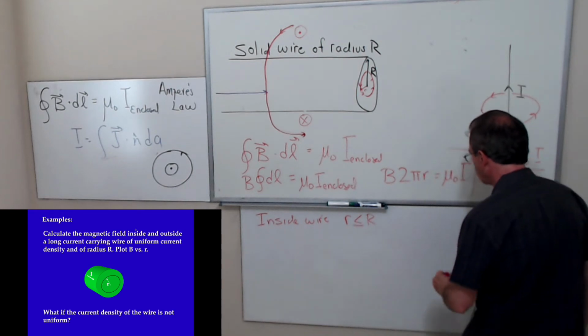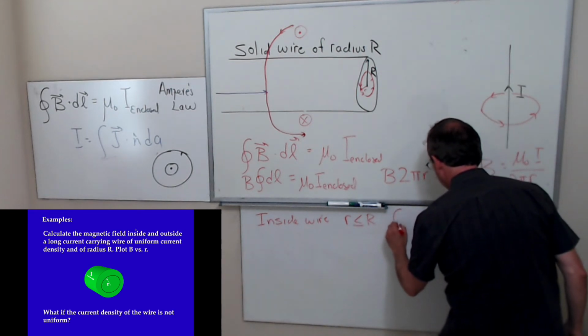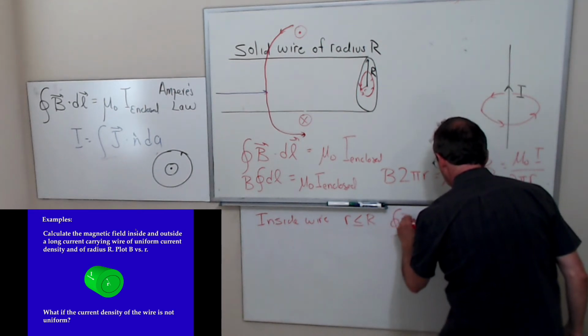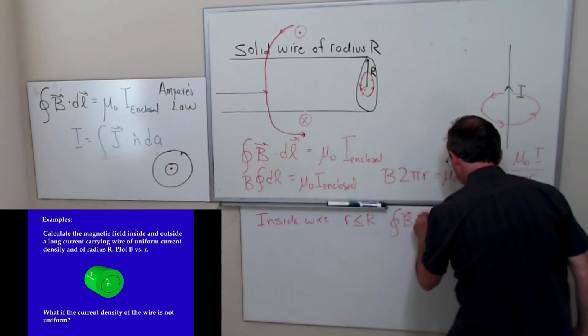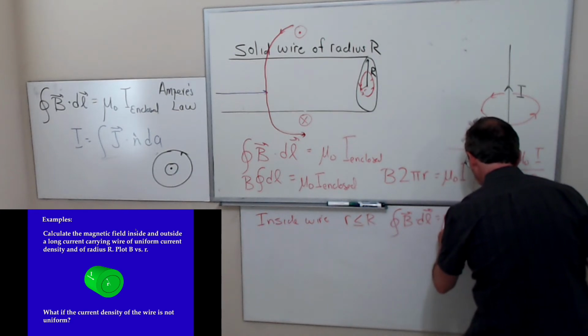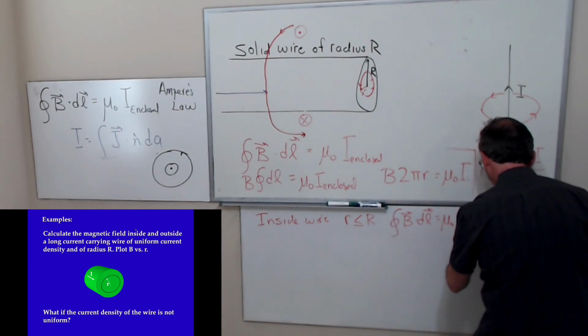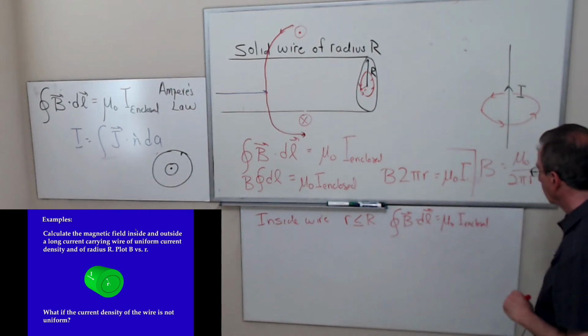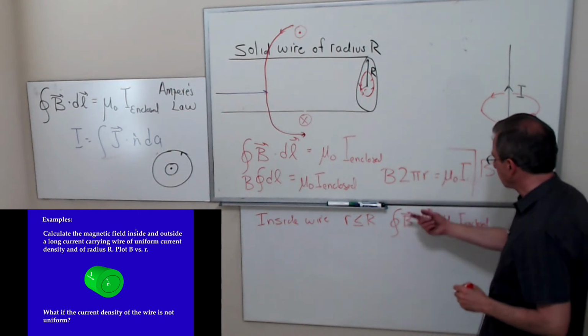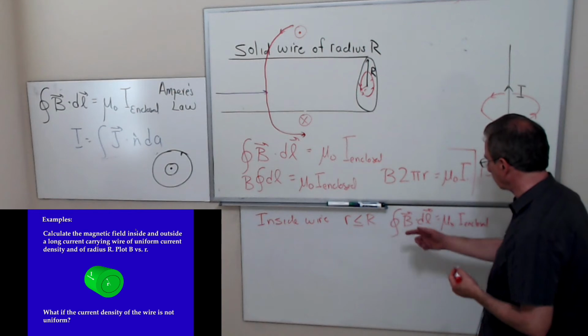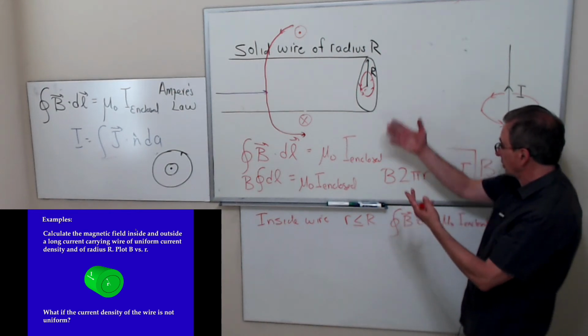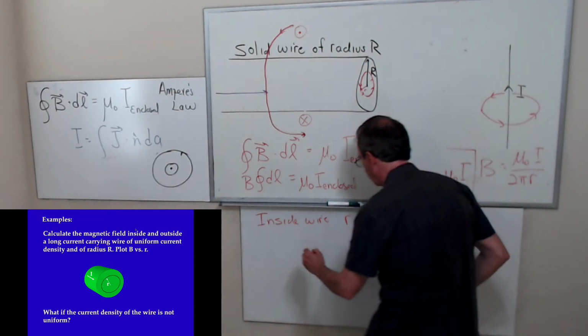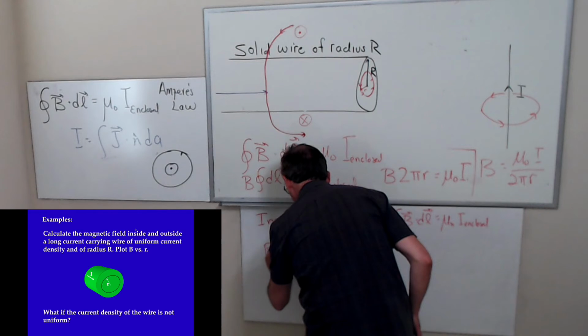So I'm still going to set up this integral, the integral of B dot dl equal to mu naught times I enclosed. And because B is going to be the same all the way around the loop, I can pull the B out, and then the loop is a circle, so I'm going to get, again, B times 2 pi r.